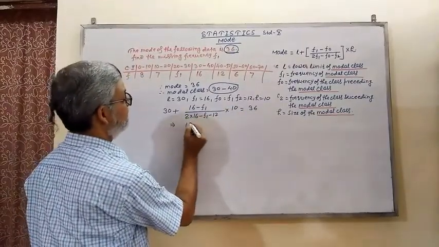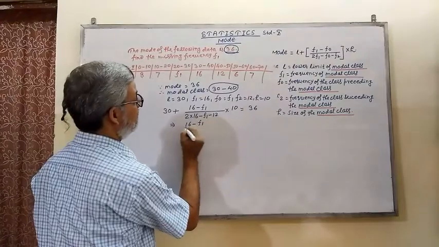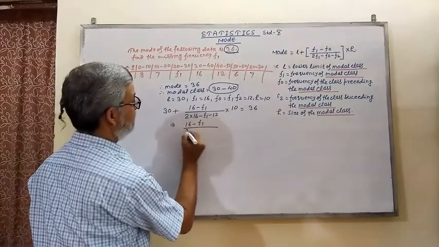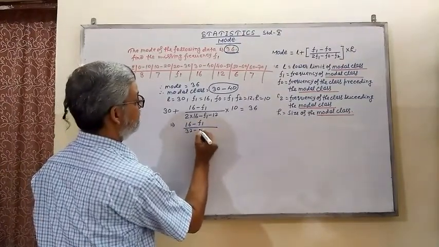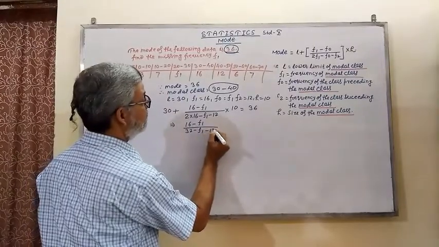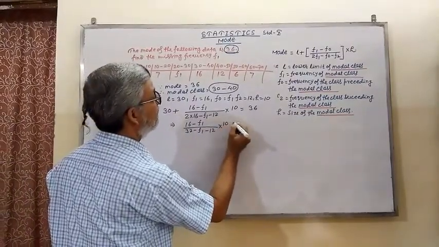Here f1 is 16, f0 is the unknown F1, f2 is 12, and h is 10. This implies 30 plus (16 minus F1) by (32 minus F1 minus 12), into 10, is equal to 36.